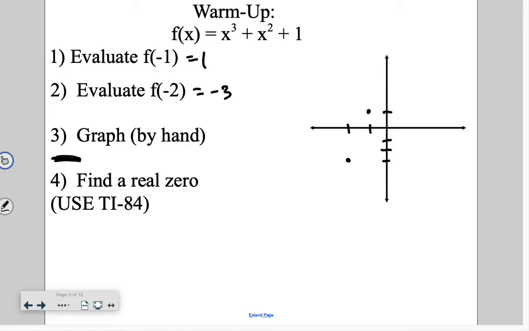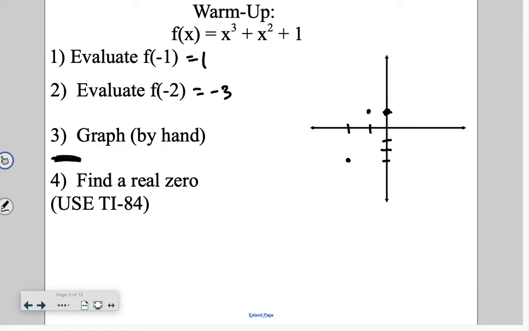Now when I say graph this by hand, we're just going to use the knowledge that we have from the equation. There is one other quick point we could add. Anybody tell me what it is? 0. The y-intercept. When x equals 0, y equals 1. So we could add the y-intercept very quickly without any additional math.